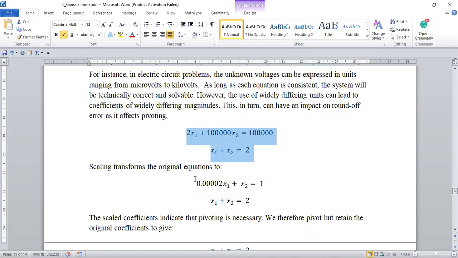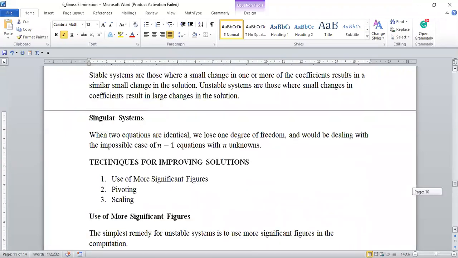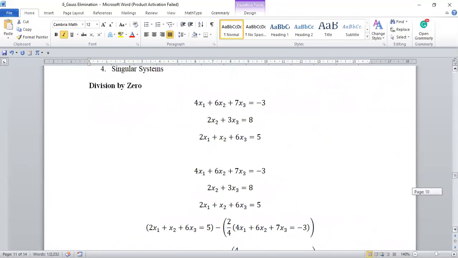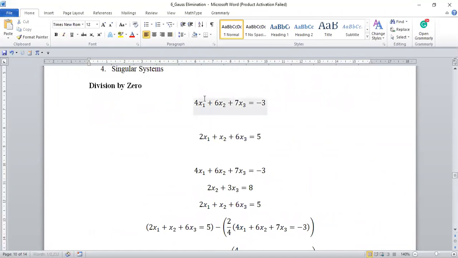Then another thing is that if you notice these two equations, there's actually a problem, and that problem arises from this number being close to 0. Because we've scaled it, it is 0.00002, and is very close to 0. So let me put in the original equation.